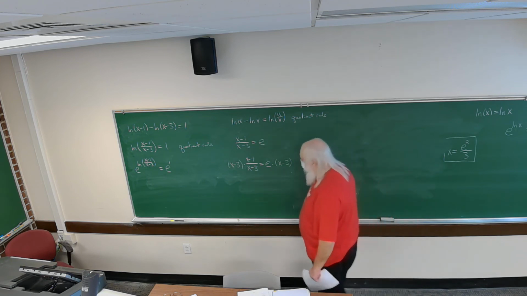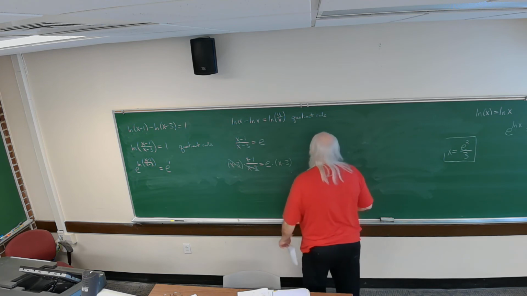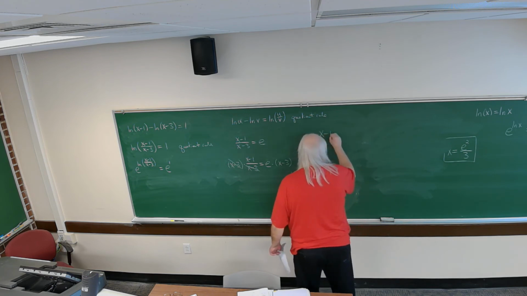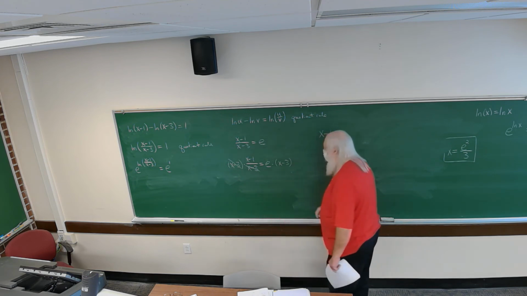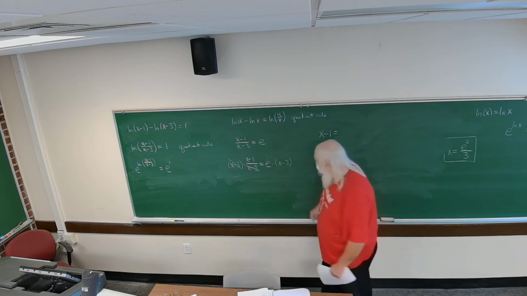The x minus 3's cancel on the left, and we're left with x minus 1 is equal to e times quantity x minus 3.